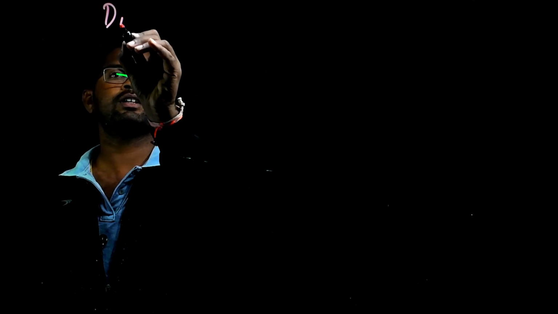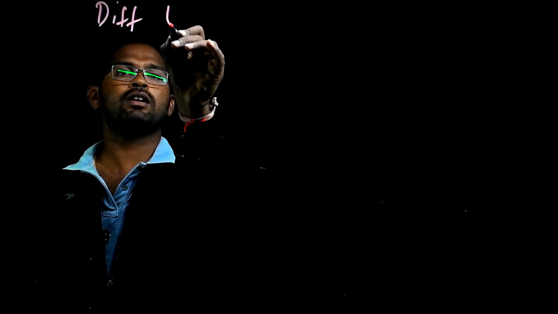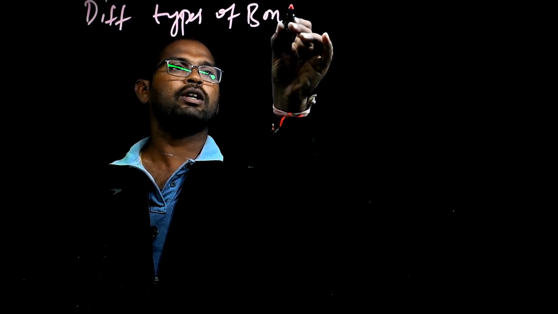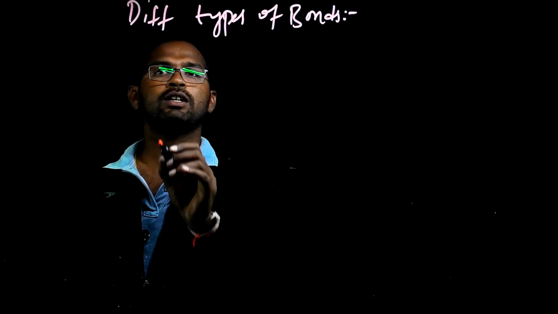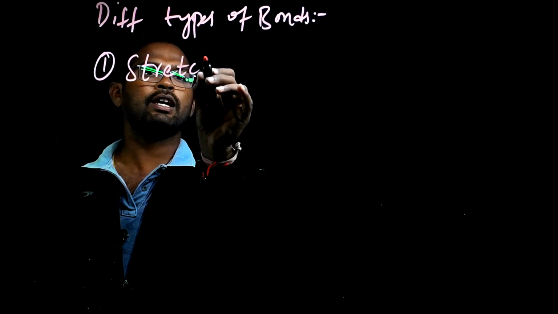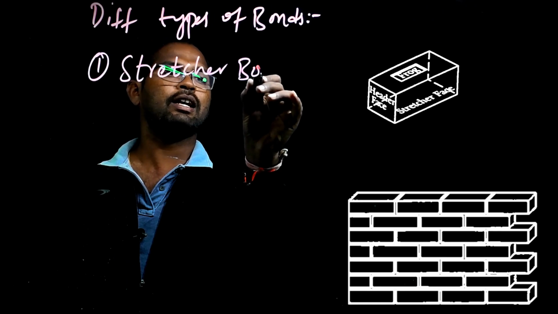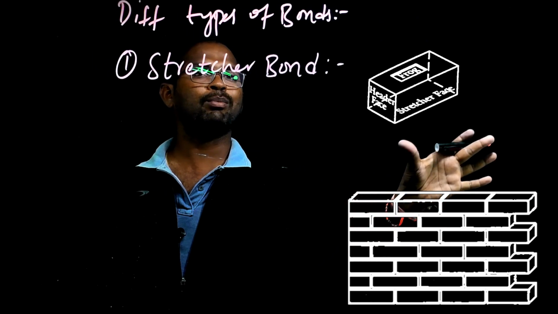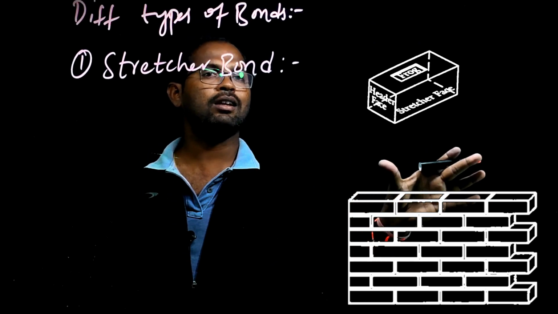So now, different types of bonds. In these different types of bonds, the first one is stretcher bond. What is meant by a stretcher? Stretcher means the longitudinal length of the brick, or the lengthwise dimension of the brick.